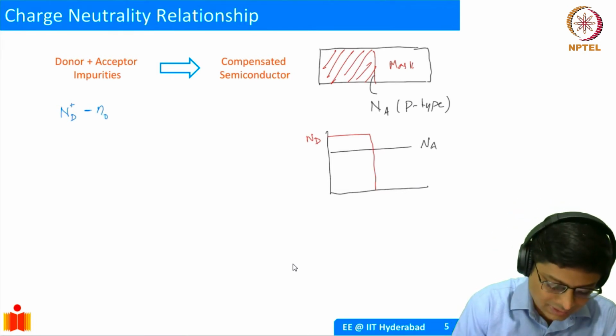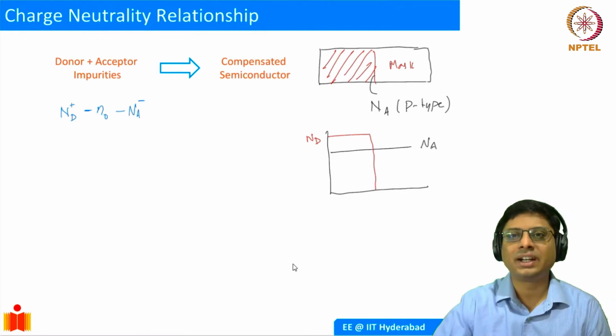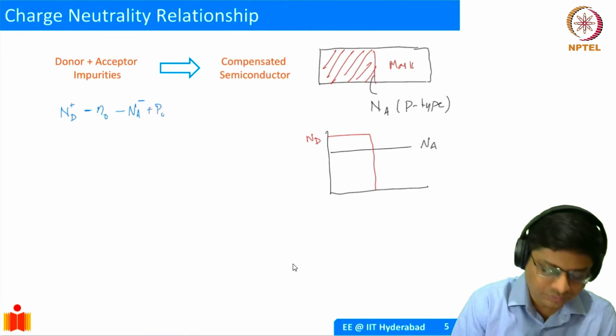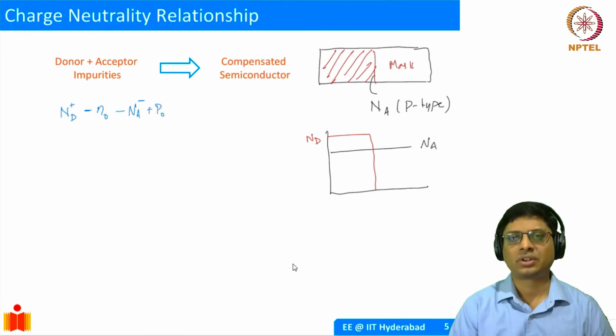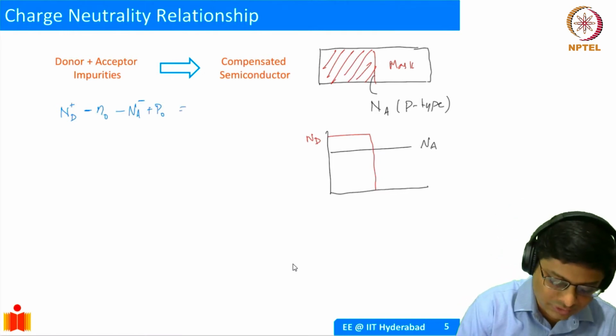So for an acceptor impurity, I'll put a minus sign, and it is creating a hole in the lattice, which is essentially a vacancy of an electron. A lack of an electron is called a hole, so I'll say it is p naught. Because we are starting with neutral dopants and a neutral silicon lattice, this total has to remain zero.